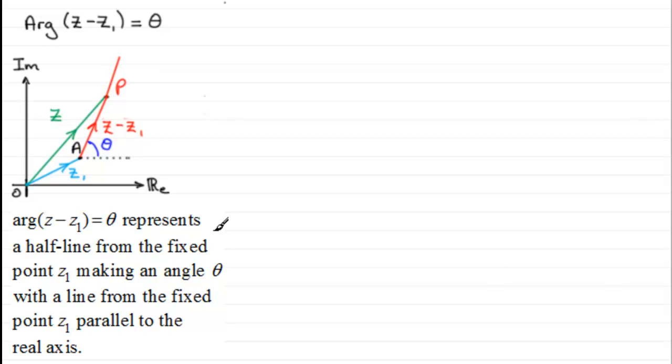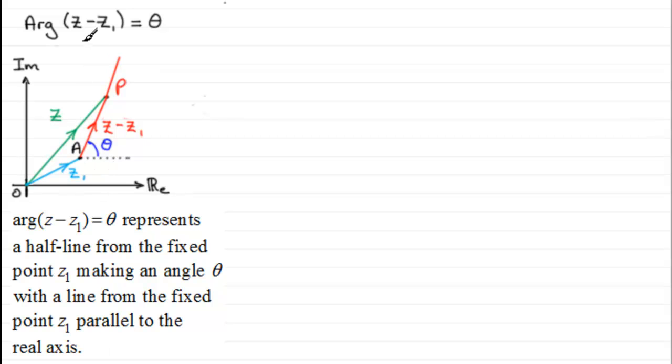So if z satisfies this equation, the arg of z minus z1 equals theta, then this represents a half line from the fixed point z1, making an angle theta with a line from the fixed point z1 parallel to the real axis.